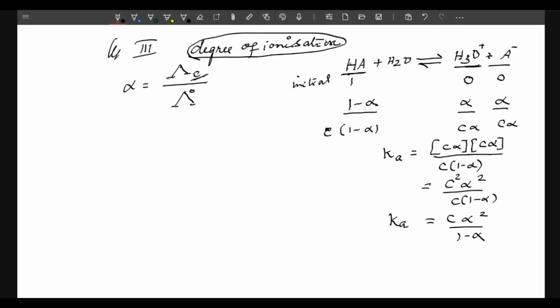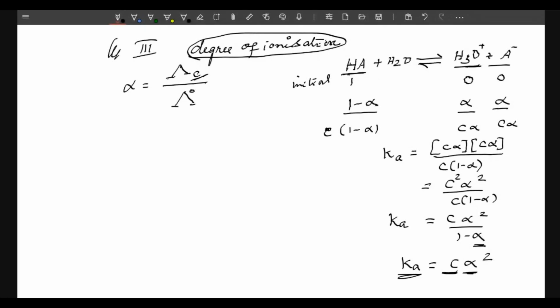This is Ka. Generally, to simplify this equation, we assume alpha is much less than 1. Therefore, Ka is taken to be equivalent to C alpha squared. Therefore, if you calculate alpha, and if you know the concentration of the weak electrolyte, you can calculate Ka.